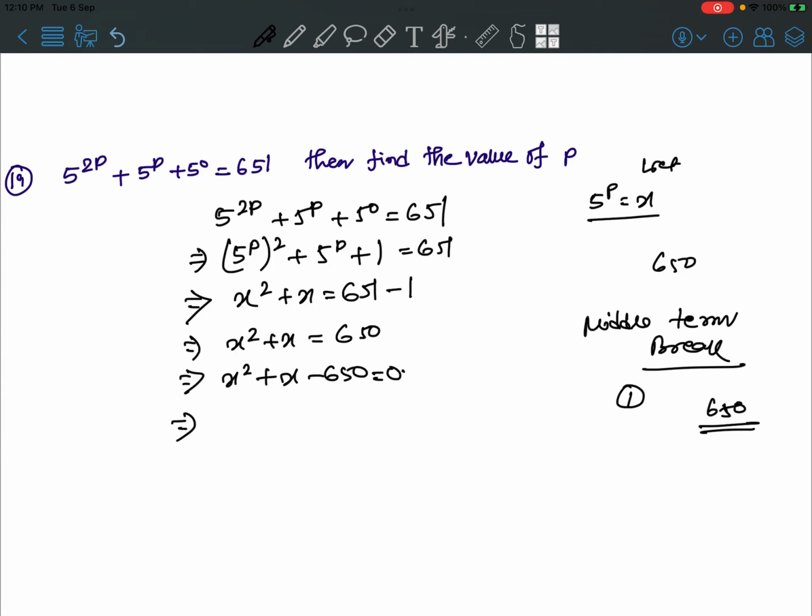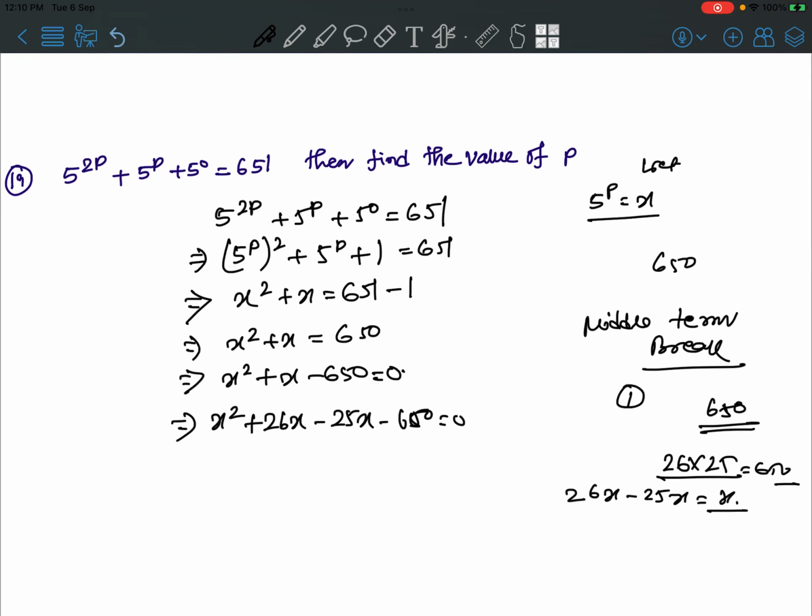So here 650, 26 cross 25, that means 26 into 25, we can write it as 650. We will use that. That means 26x minus 25x minus 650. How are we getting 1? Because 26x minus 25x equals x. This is how we are getting the 1 over here. So this is called the middle term break.